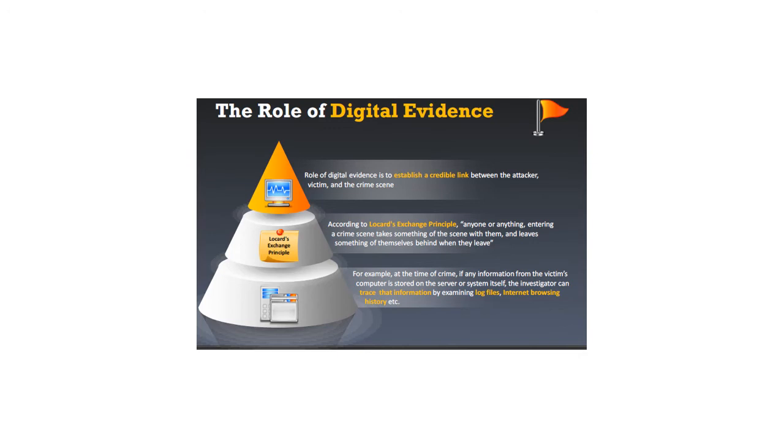when someone breaks into your house, that person might leave his fingerprints behind, and maybe when trying to break into the house, that person actually hurt or harmed himself when trying to enter or break in.